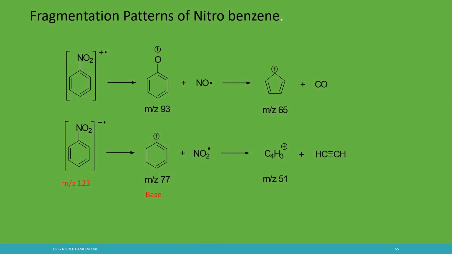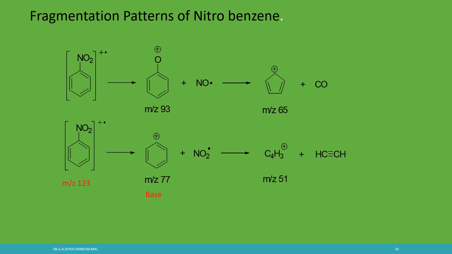This slide shows the fragmentation pattern of nitrobenzene. Nitrobenzene first gives a molecular ion with m/z 123. After its formation, it eliminates an NO dot radical, forming C6H5O+ with m/z 93. From this ion, loss of neutral carbon monoxide gives C5H5+ with m/z 65.